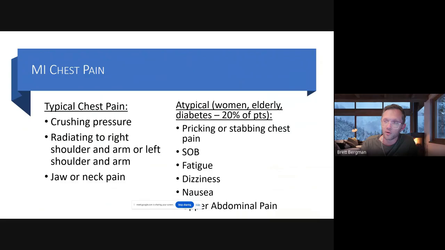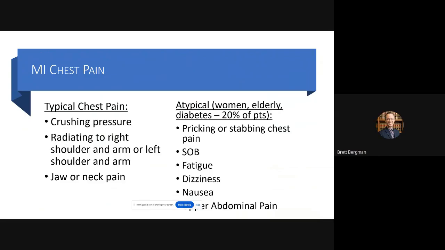So all of those are additional things that can clue you in that they may be having an atypical presentation. You really want to ask, what's going on with this patient and how are they presenting and looking to me? And if your senses are telling you that something's off, you want to be thinking about the chance that they could be having an atypical chest pain presentation.